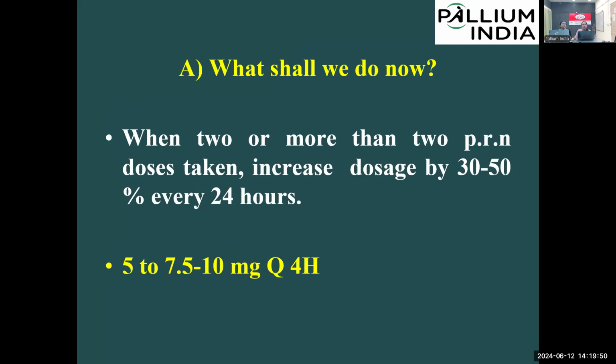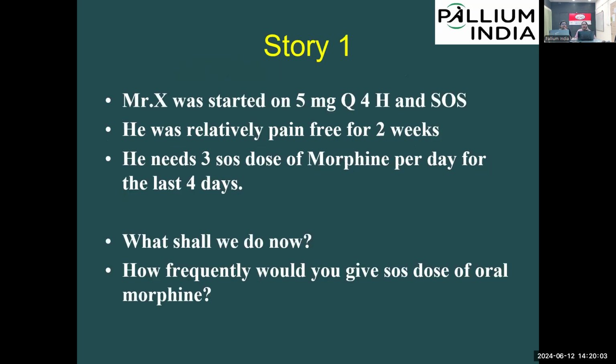So we can increase the dose to 7.5 or 10 milligram every 4 hourly. We had one more question in that slide. How frequently would you give the SOS dose of oral morphine? Any comments on that? In between, every time I was talking about the SOS dose, we need to give an SOS dose of morphine. So how frequently can we use this SOS dose of morphine?